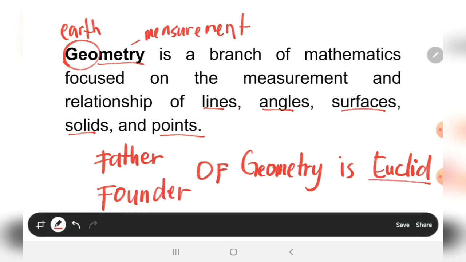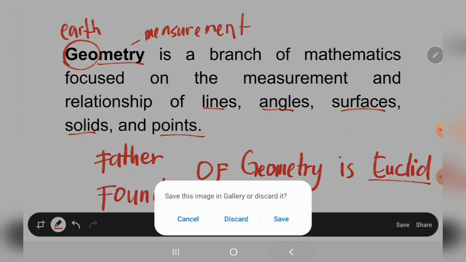Euclid is a Greek mathematician who wrote a series of 13 books about geometry called the Elements. And this series builds the foundation of geometry today.